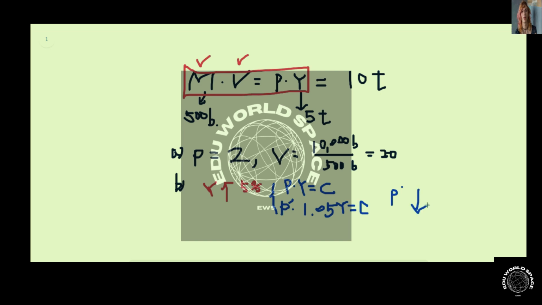Okay, question C. What money supply should the Fed set next year if it wants to keep the price level stable? To answer question C, we have to ignore what question B is saying.